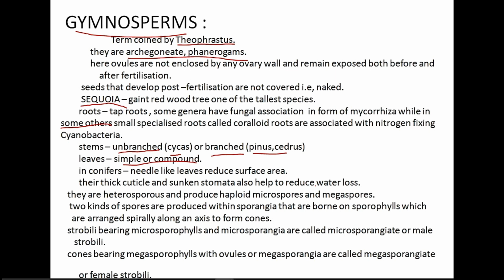So here the strobili bearing microsporophylls and microsporangia are called microsporangiate or male strobili, whereas the microspores develop into a male gametophytic generation which is highly reduced and is confined to only a limited number of cells, and this reduced gametophyte is known as pollen grain.